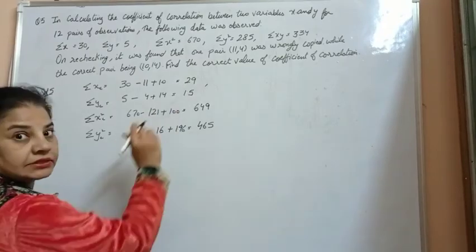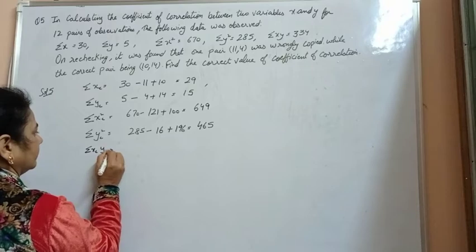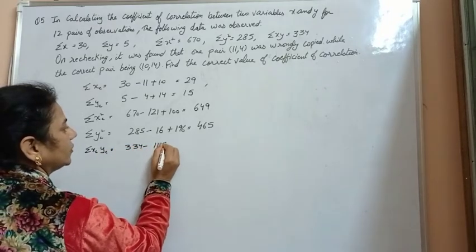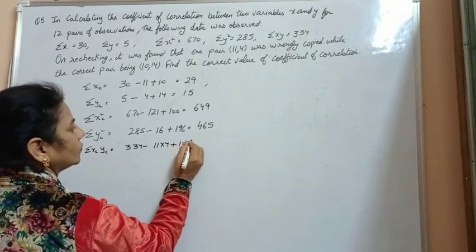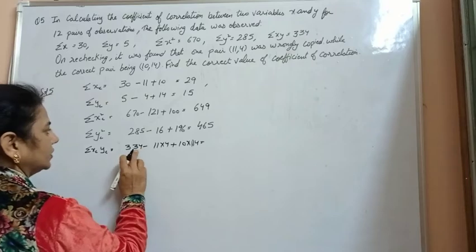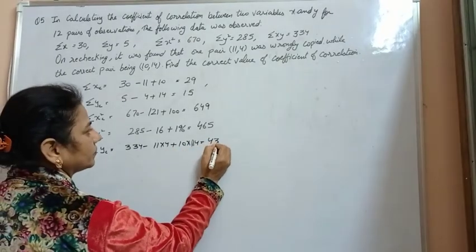For the correct sigma xy, we have 334 minus 11 into 4 plus 10 into 14. So 334 minus 44 plus 140 is 430.